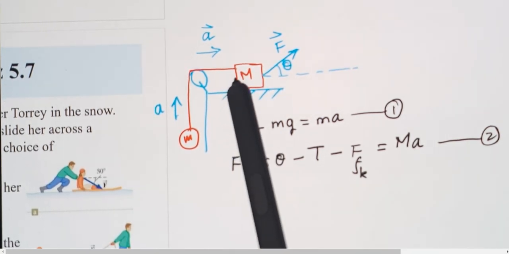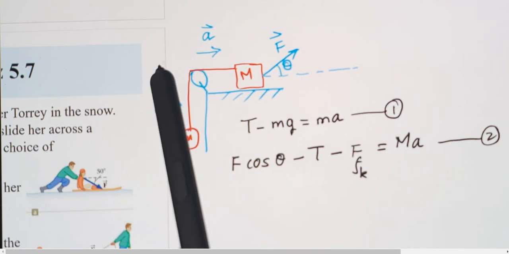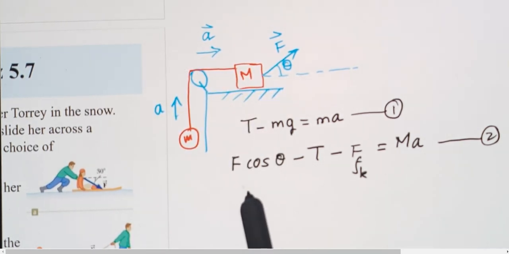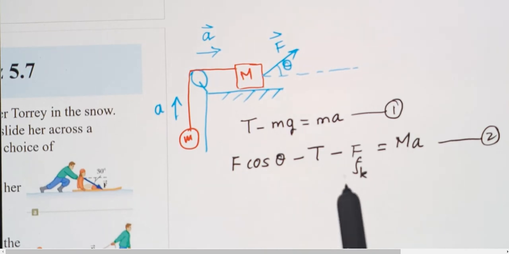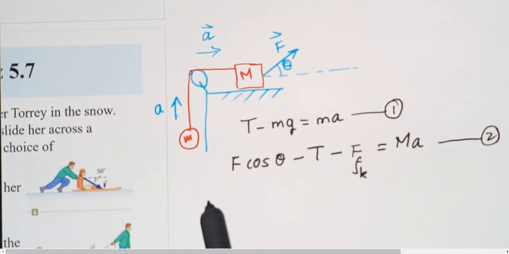Just to give you a glimpse, if the object is moving right to left, then it will be tension minus F cosine theta minus friction. And if you don't know which direction the object is moving, then you have to solve it assuming both directions.